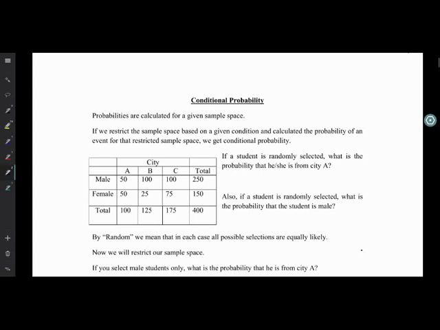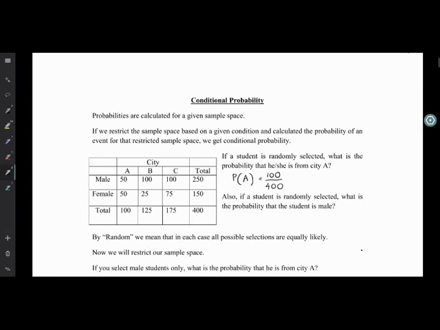We see that there are 100 students coming from city A. Therefore, if we say the probability of selecting a student from city A is P(A), that will be 100 divided by 400. So we see that the sample space is 400.